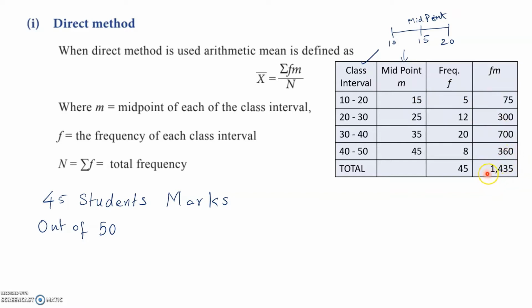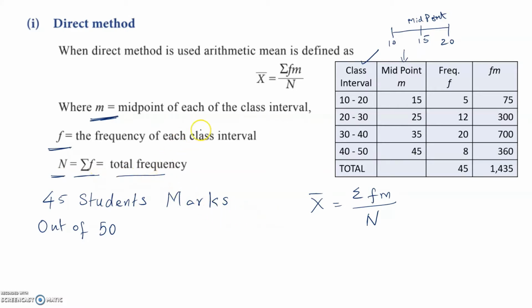So to find the arithmetic mean, you will write it as sigma fm divided by n, where m is the midpoint, f is the frequency of each class interval, and n is the total number of population or number of people, which is equal to sigma f, also called the total frequency.